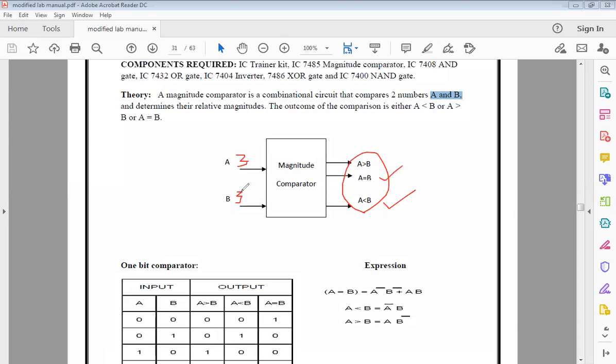Suppose I change the value to say 5, then the first one holds good, right? So it will compare the values. Of course, we are using decimal form here, but it's all going to be in binary ones and zeros.